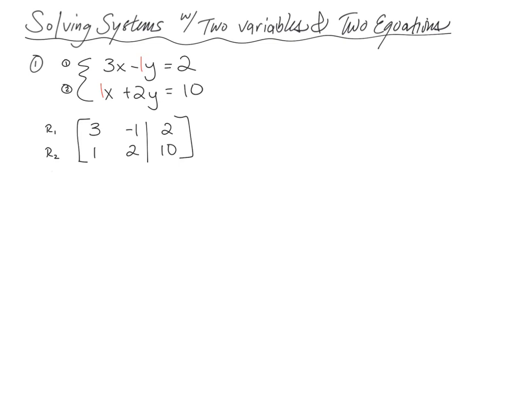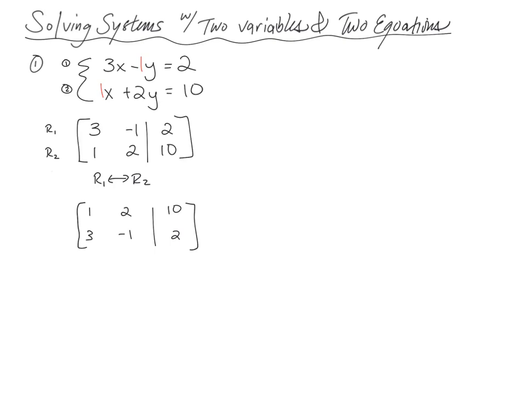So what I'm going to do is write, this is row 1 swapped with row 2. Very cool. So what happens, row 1 is now 1, 2, 10, and row 2 is 3, -1, and 2. There we go.